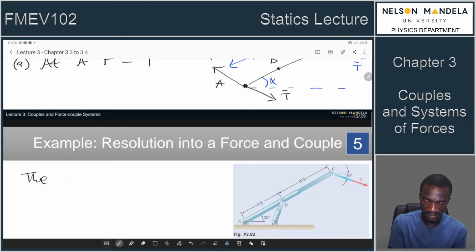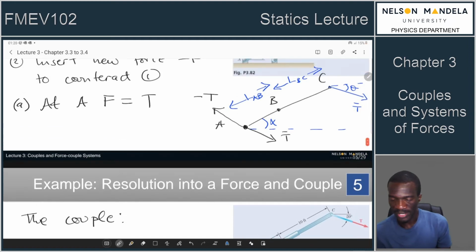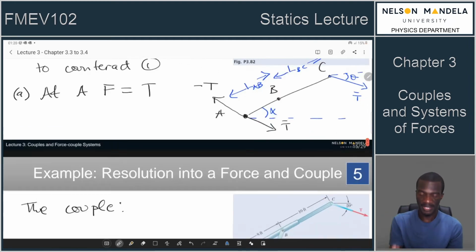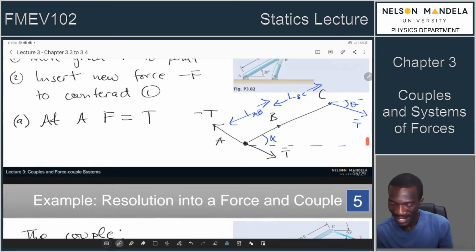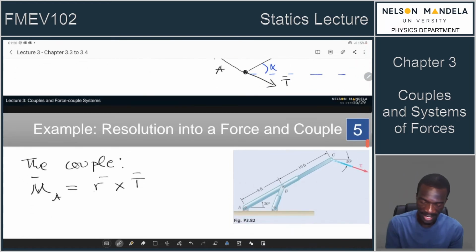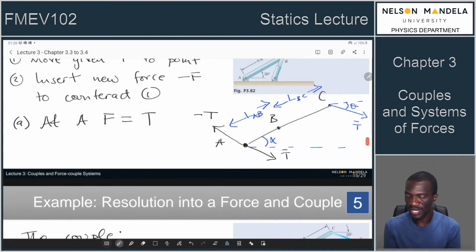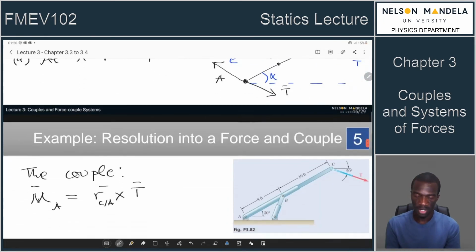What is the couple and how would you find the couple? To find the couple, there are two ways, isn't it? We said our couple, let's just write it as M at A, is equal to R cross T, which is R at C relative to A. That's how you would find your couple.